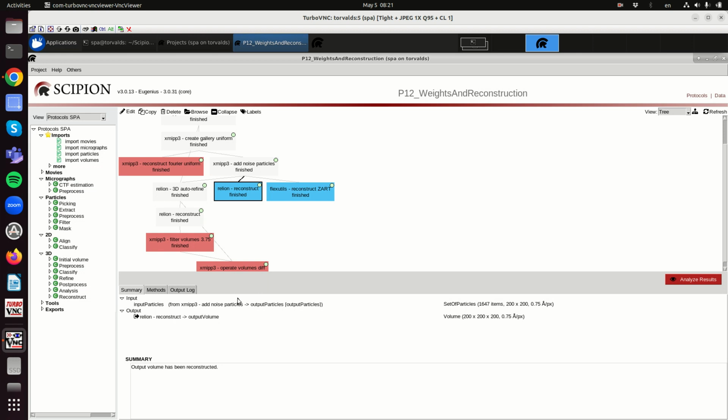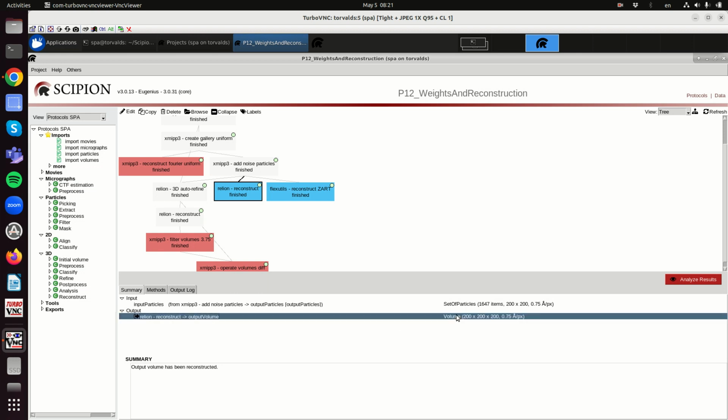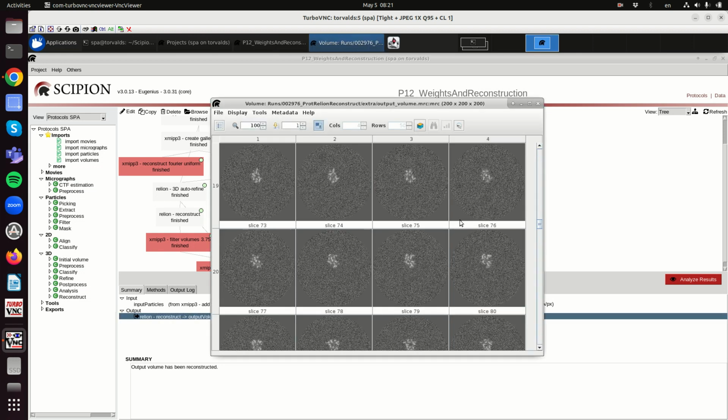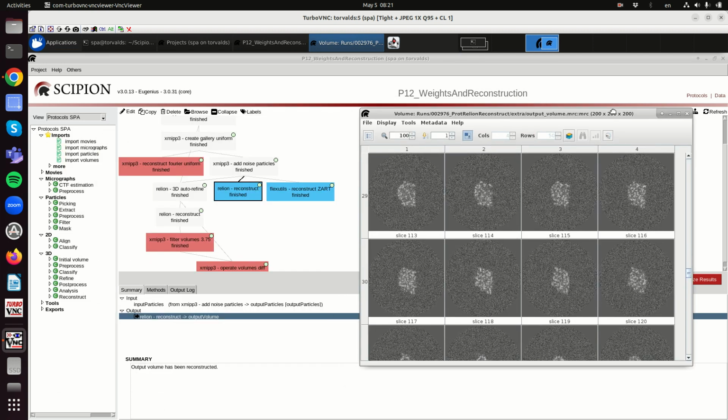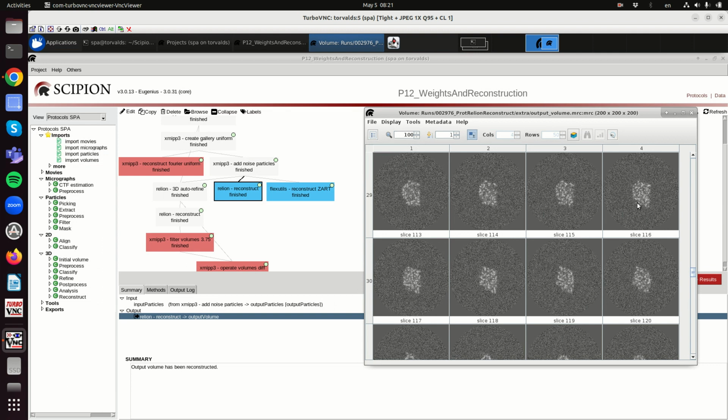And as we have seen, given that set of noisy images, we get this kind of reconstructions. They are noisy, we have to filter them.